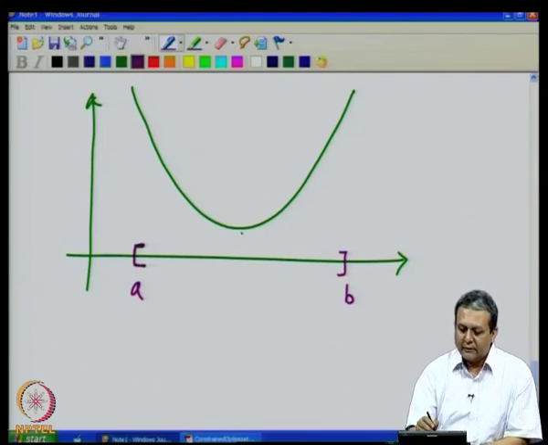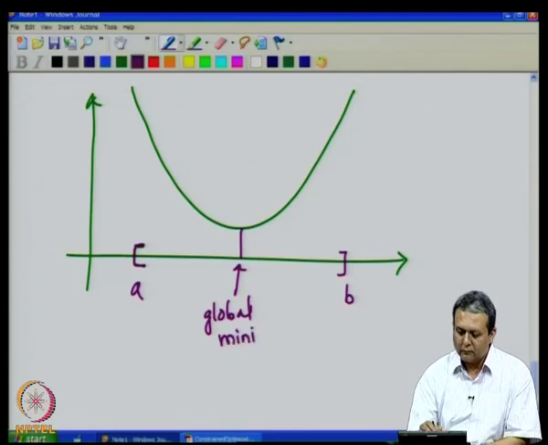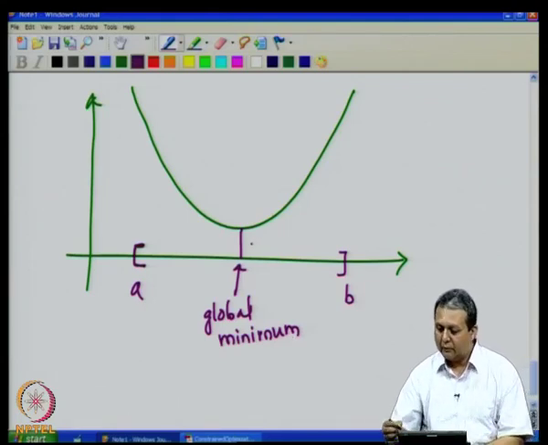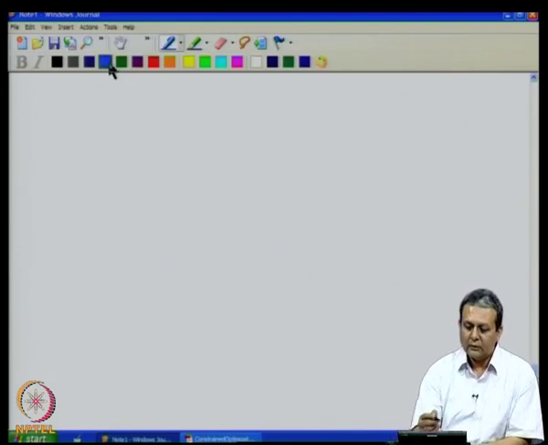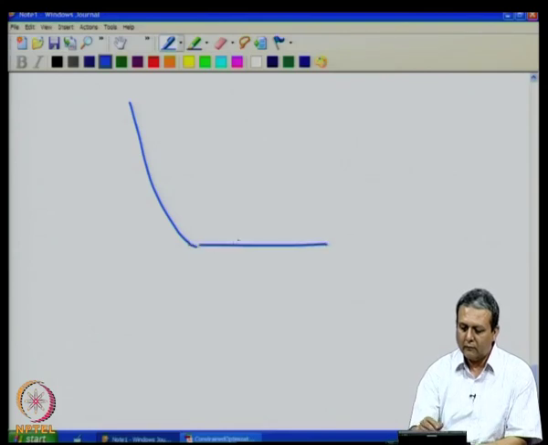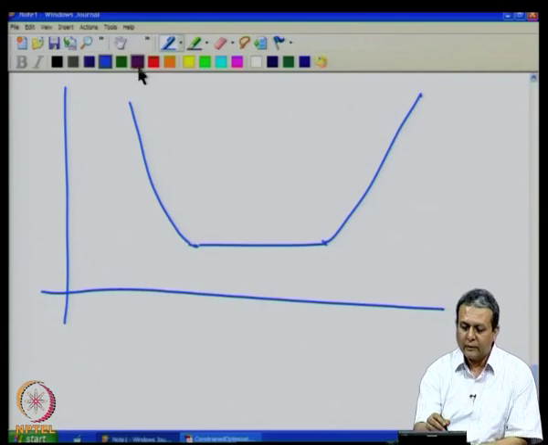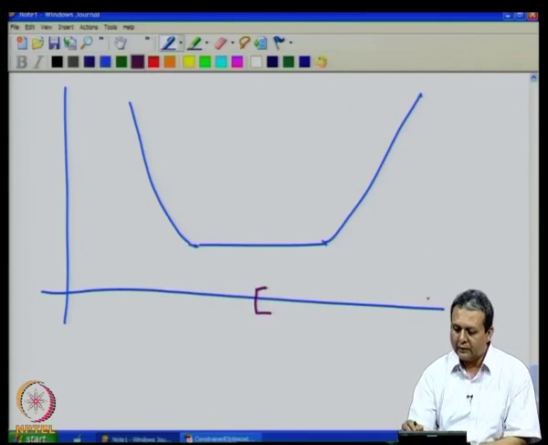So, you will see that this point is a global minimum. And if you look at another convex function, so let us look at another convex function, and we want to minimize it with respect to the set AB.